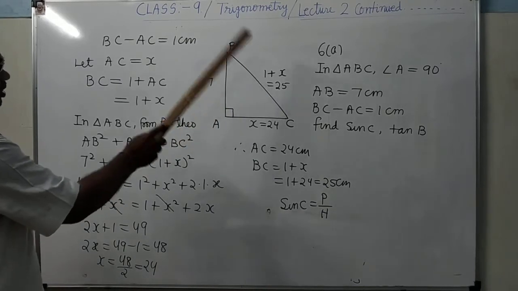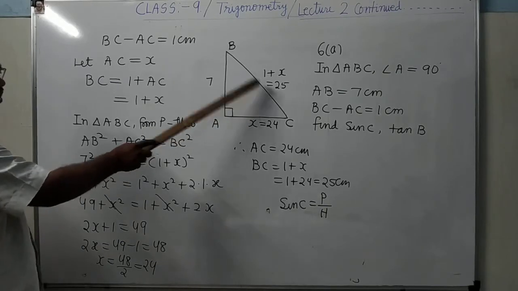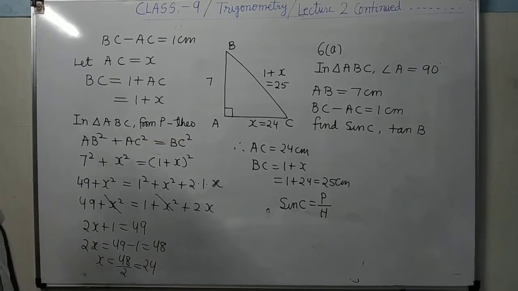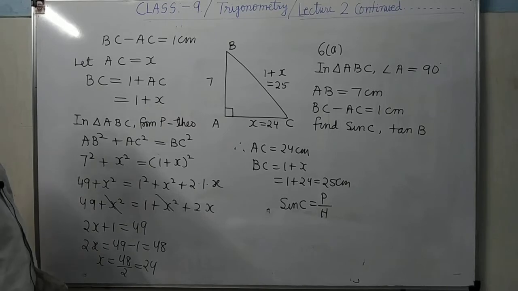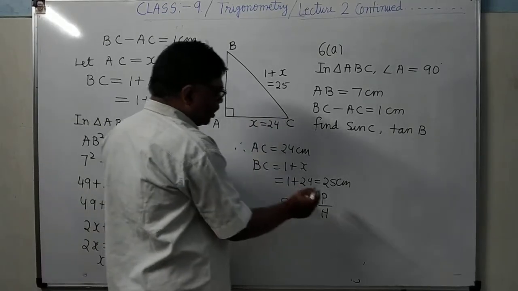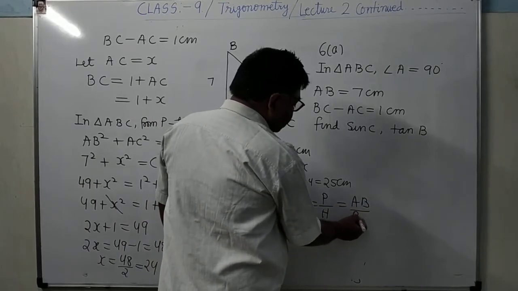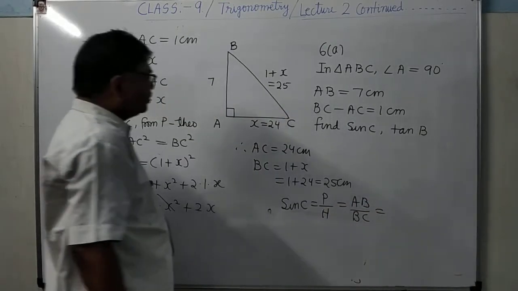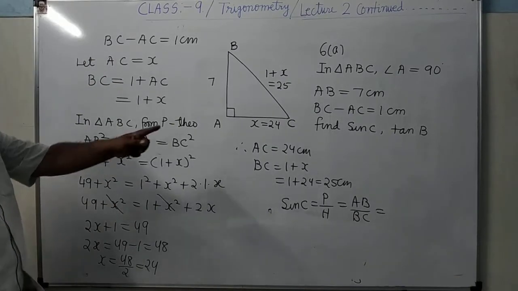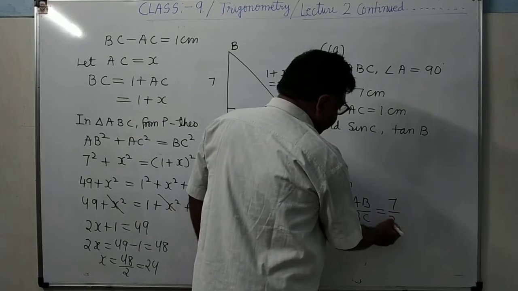Hypotenuse is always in front of the 90 degree angle, so the hypotenuse is BC and the perpendicular is AB. So it is AB upon BC. AB is given as 7, and BC you have found as 25. So it will be 7 upon 25.